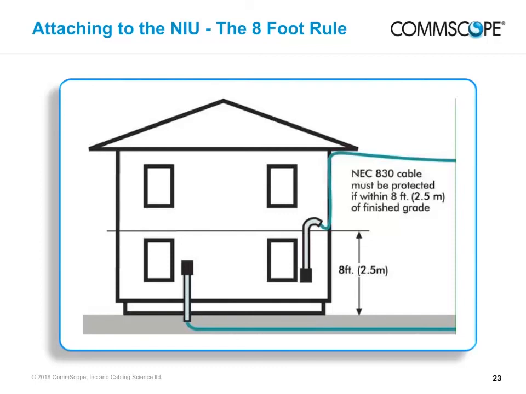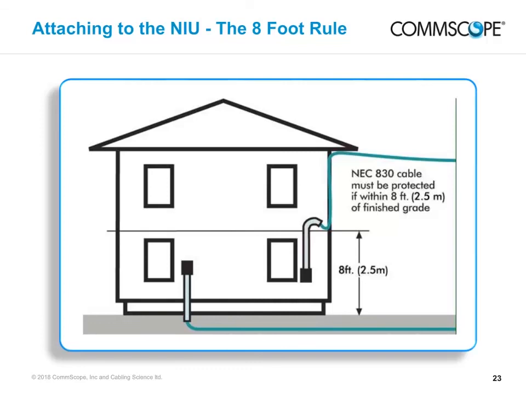NEC 830 requires that powered broadband cables that are attached to a building within 8 feet or 2.5 meters of the finished grade must be protected by molding or conduit. If you are using CIC, this requirement is easily met by extending the conduit from the ground to the entry point.